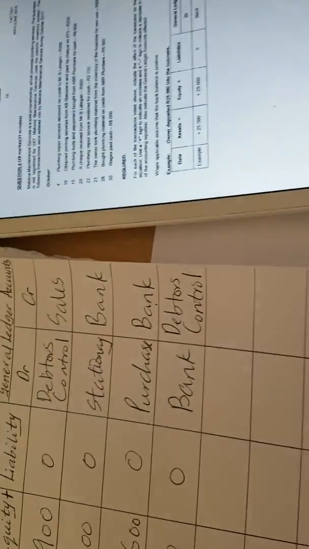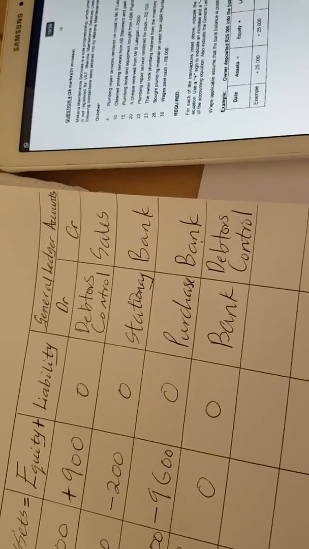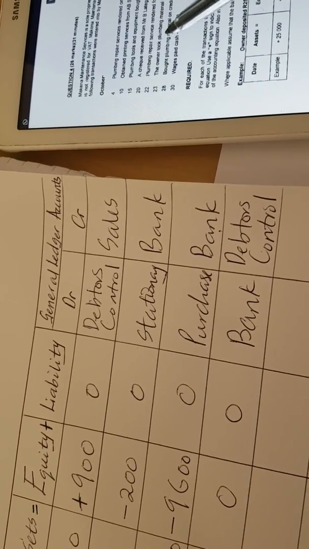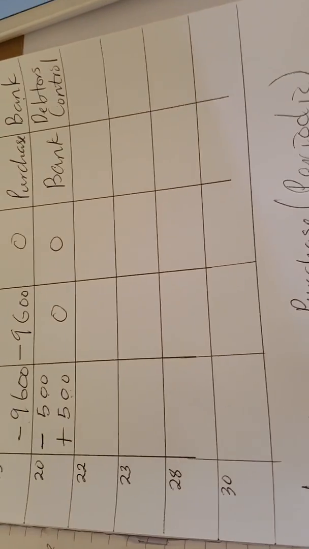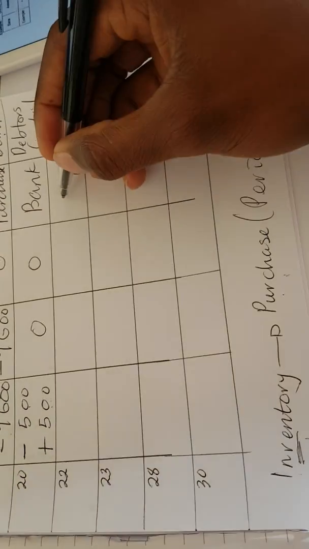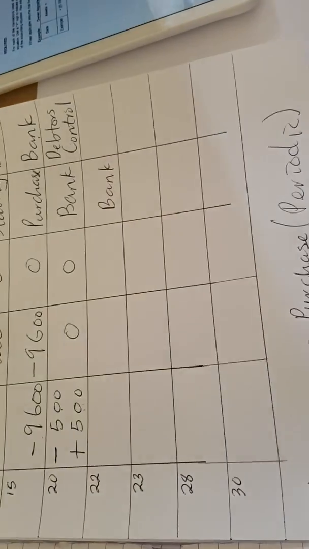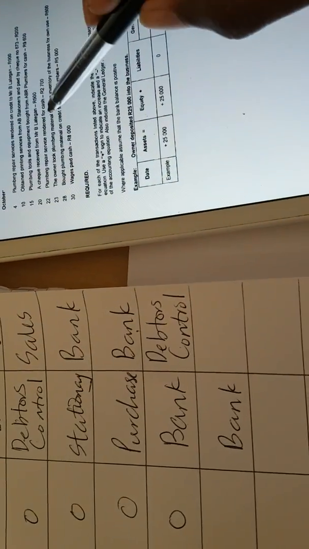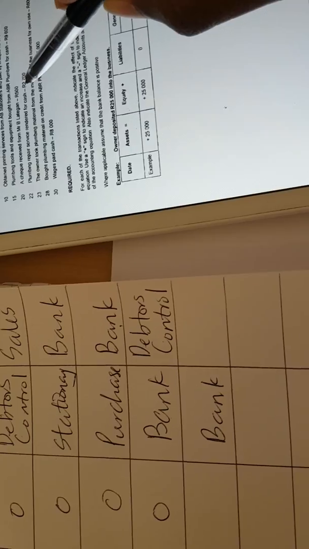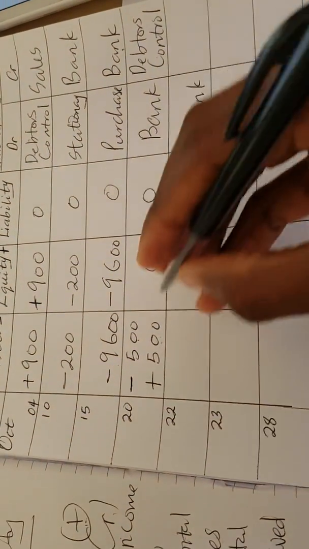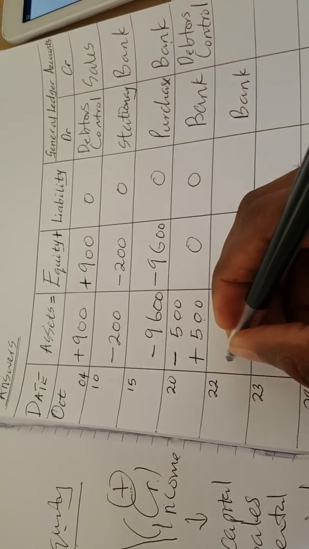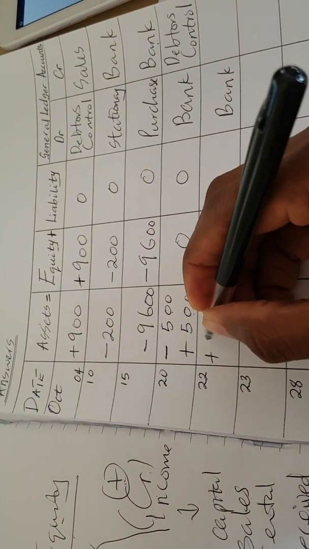Okay, let's proceed. Moving to question number 22. Plumbing repair service rendered for cash. This time around, service was rendered for cash. The bank is receiving money, so we have to debit the bank, because it's an asset which receives 2,700. So it's going to be plus 2,700 on assets.